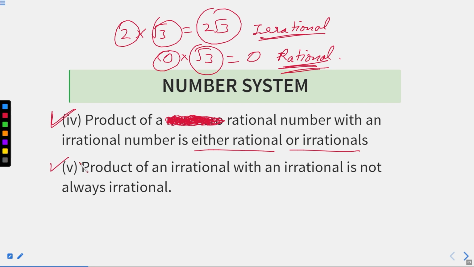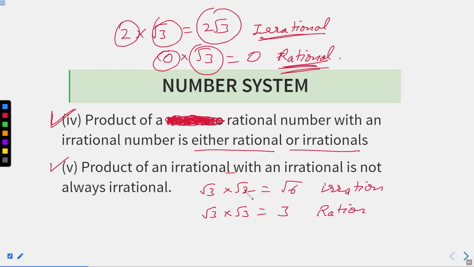Now move to the fifth point. The fifth point says the product of an irrational with an irrational is not always irrational. For example, if we multiply root 3 and root 2, we get root 6, which is irrational. But if we multiply root 3 into root 3, what do we get? 3, which is rational.